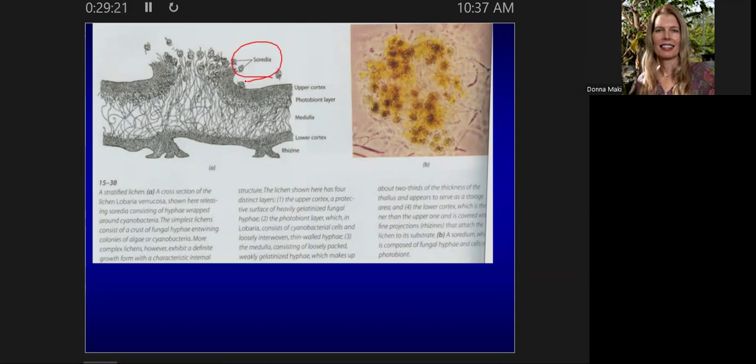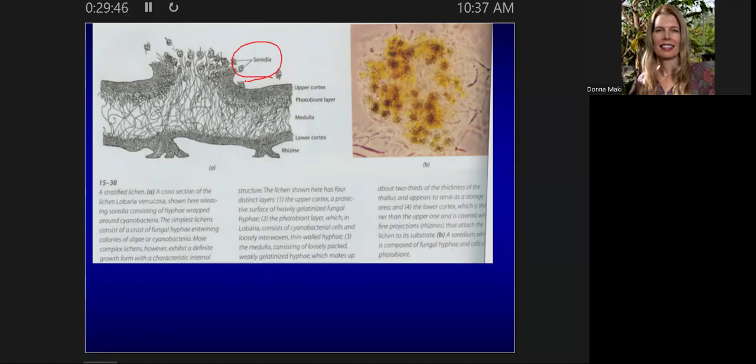So this is how lichens will colonize new habitat. Instead of trying to find each other all over again and establish a new lichen, partners break off together and go nearby. So soredia is the fungus and the algae or cyanobacteria in a group that breaks off.